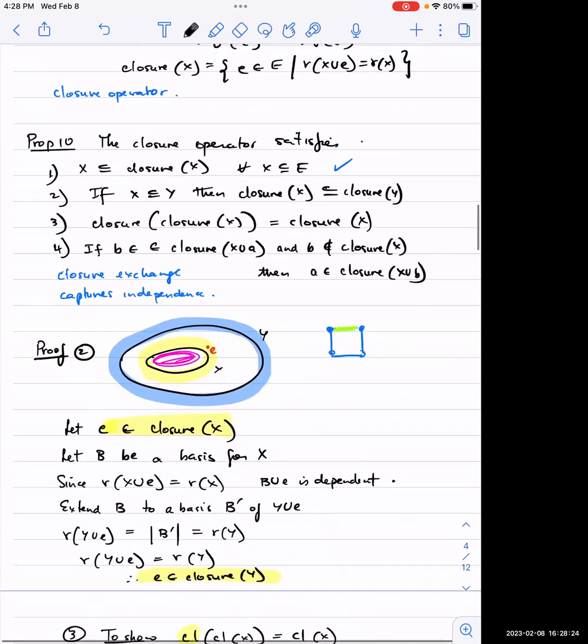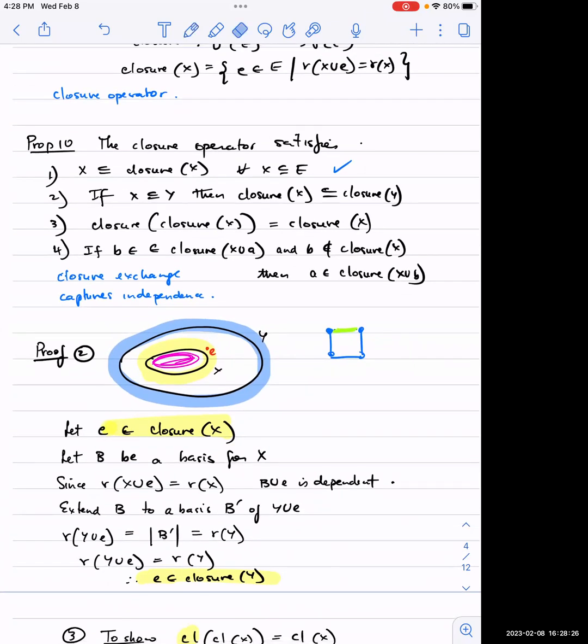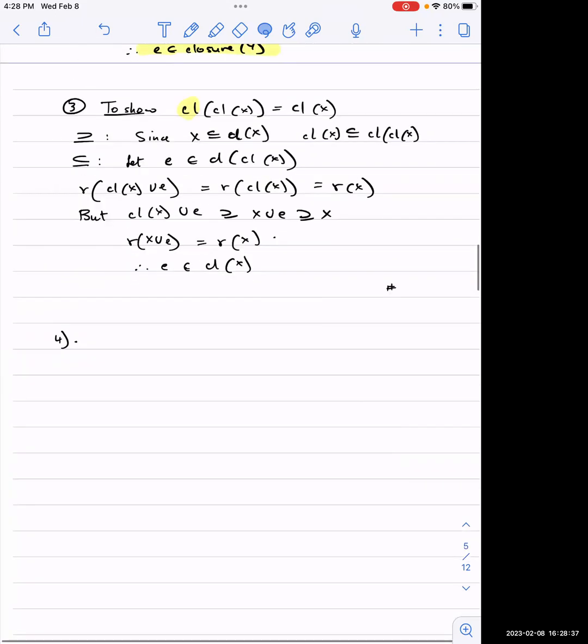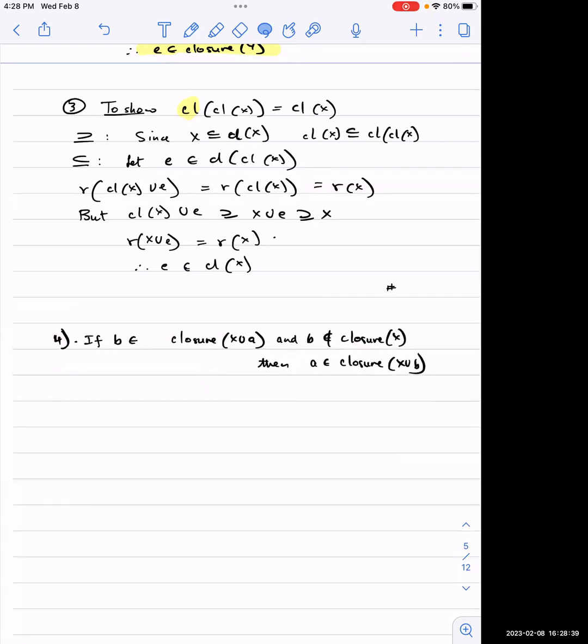If B is in the closure of X union A, and B is not in the closure of X, then A has to be in the closure of X union B. So, let's try and get a little picture going here.